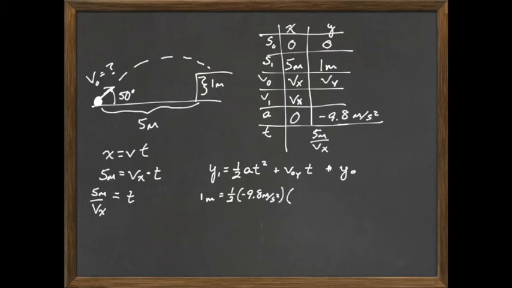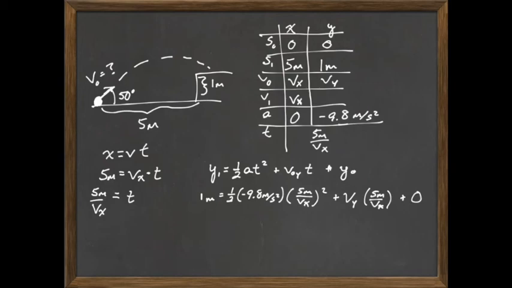We know the time is 5 meters over the x velocity. The y velocity is unknown, and the initial y position was 0.